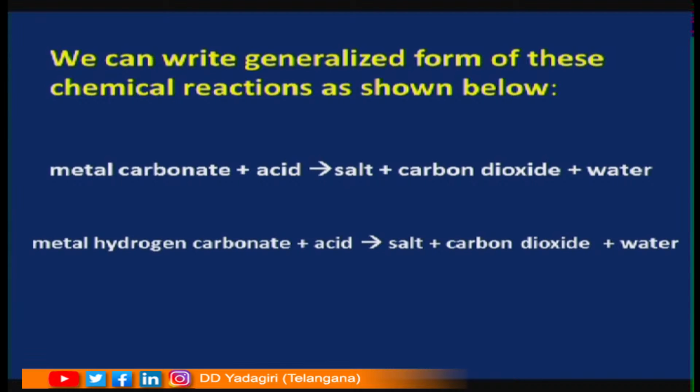Whenever a metal hydrogen carbonate, that is bicarbonate, is added to an acid, you will get a salt and water along with the evolution of carbon dioxide gas. Therefore, always remember that whenever acid is added to carbonates or bicarbonates, you will get the evolution of carbon dioxide gas along with salt and water.